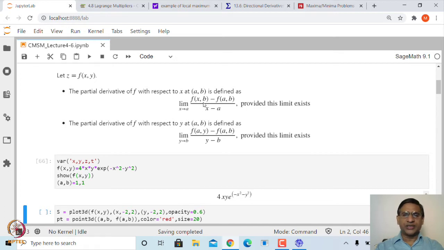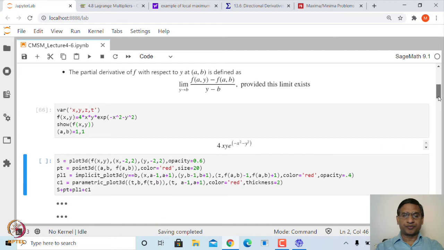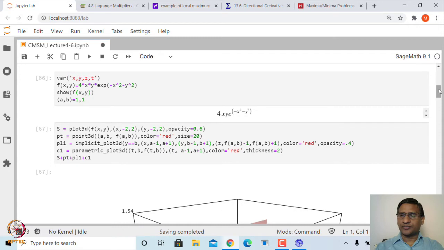That intersection will be a curve. So you are actually looking at the rate of change of the function along the x axis when you intersect the surface by the y equal to b plane. That is what you can see from this graph.